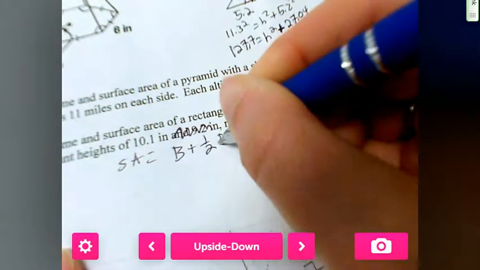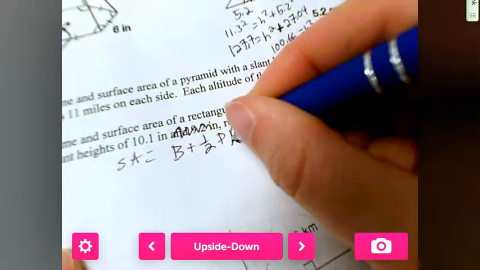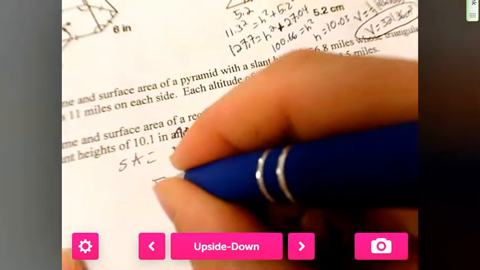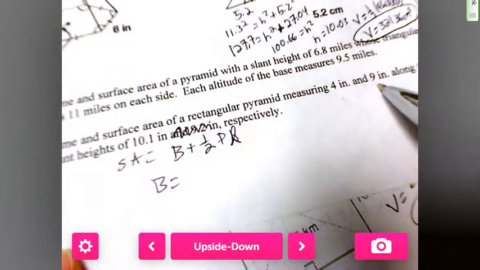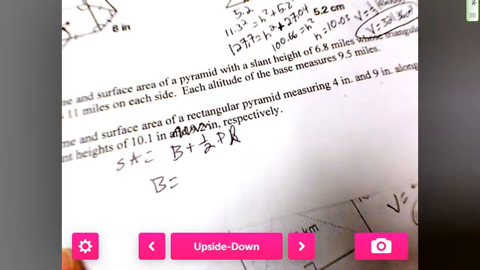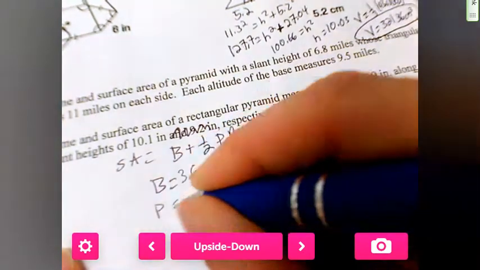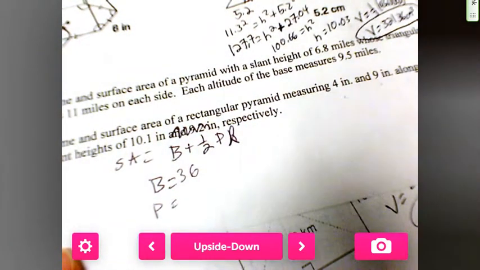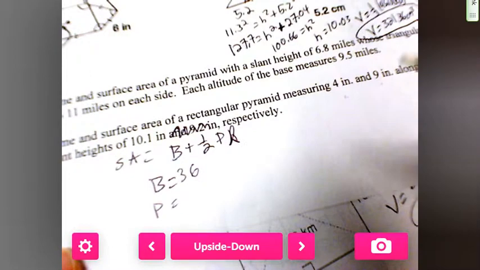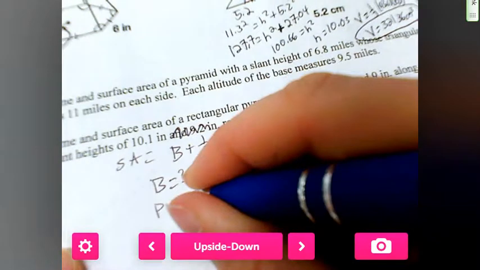Okay? So I want to find the surface area first, which is the area of the base plus 1/2 the perimeter times the slant height, excuse me. So what's the area of the base? It's 4 by 9, so 4 times 9 is 36. The perimeter, 4 plus 9 plus 4 plus 9, if we were to walk around it, gives me 25.